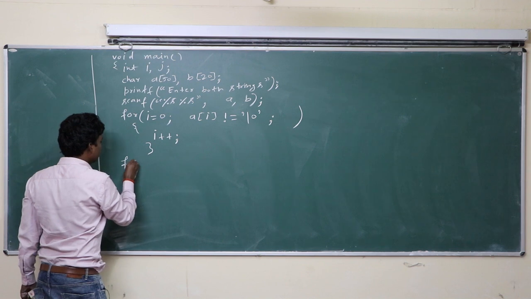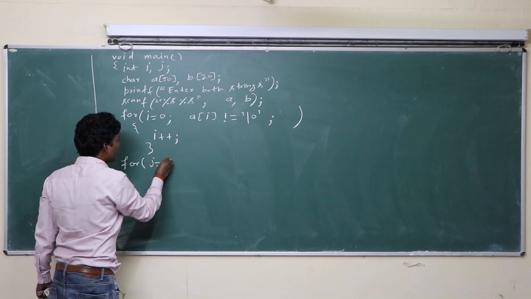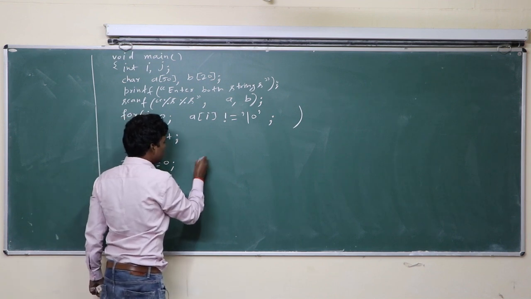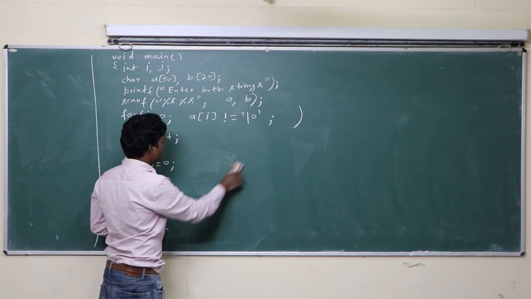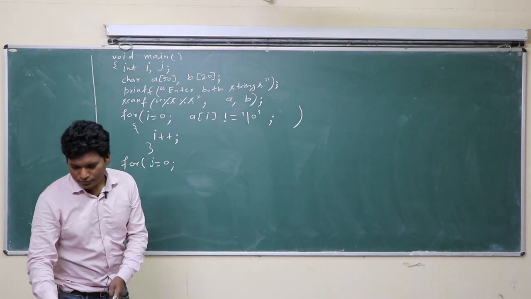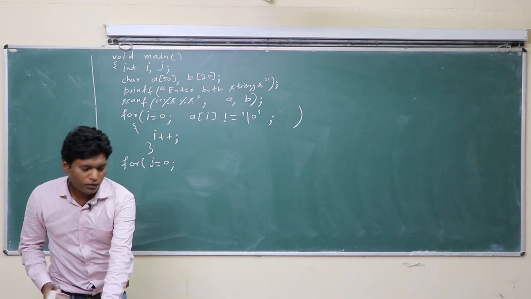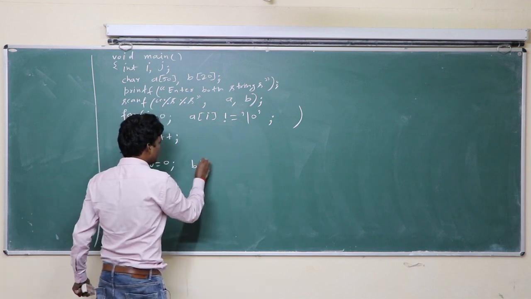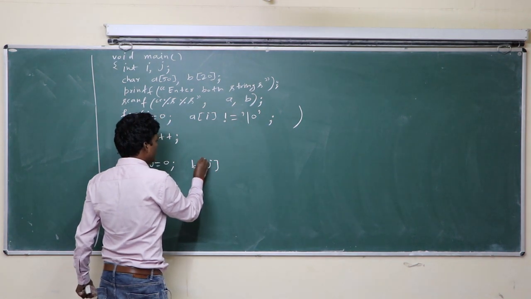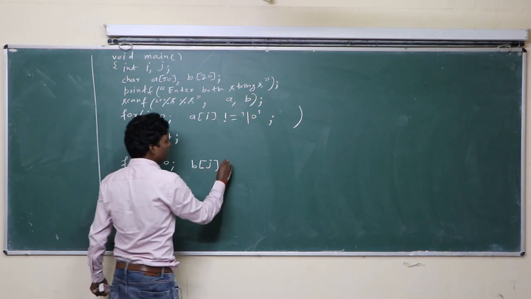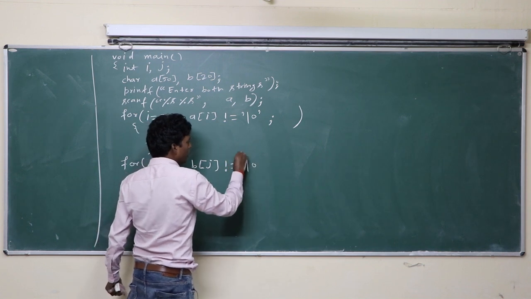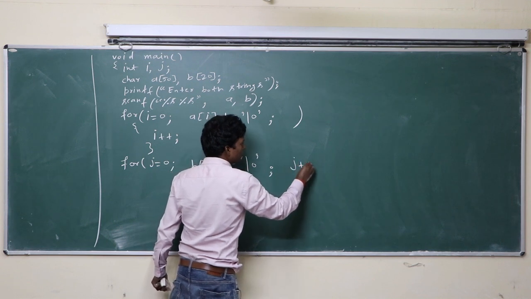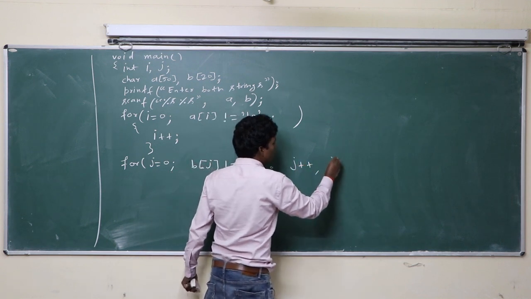Now another loop for j equal to 0, b of j not equal to null, j++, comma i++.